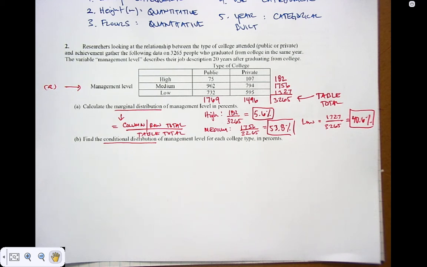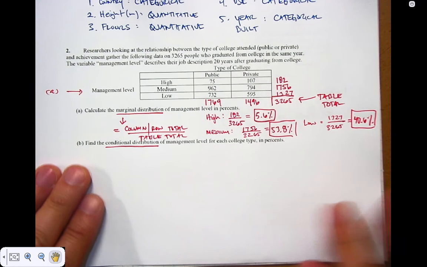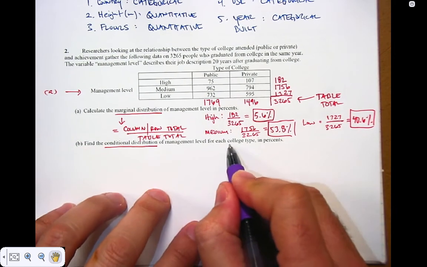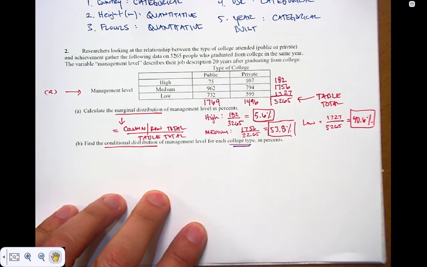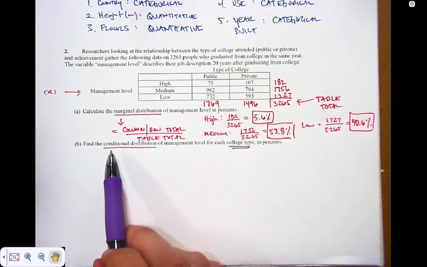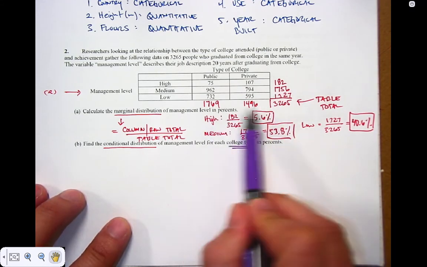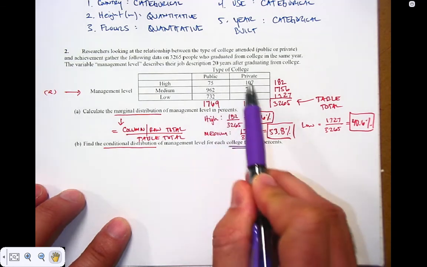Okay, so find the conditional distribution of management level for each college type. So again, you guys are focusing on college type now, okay? And when you're doing conditional distributions, you're no longer using totals as your numerator. You're going to use these top numbers.